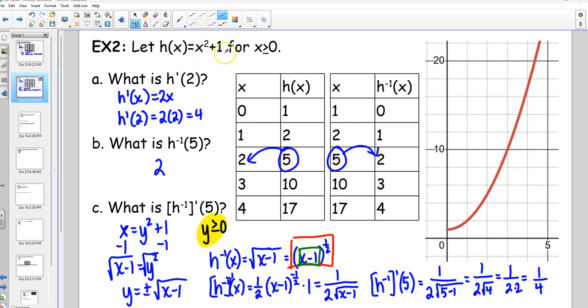But this rule, I would have never probably noticed this at all, because I asked you for h prime of 2. If you were just looking for h inverse prime of 5, nobody would have asked you for h prime of 2, and you wouldn't have noticed that this was happening, right? So it's crazy to me to think that mathematicians are noticing, like, hey, this happens over and over.